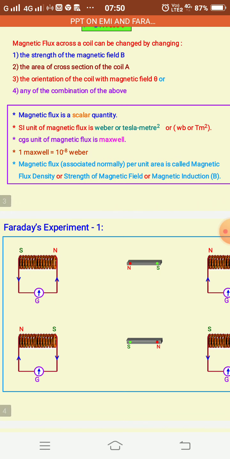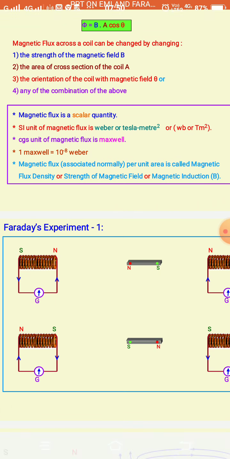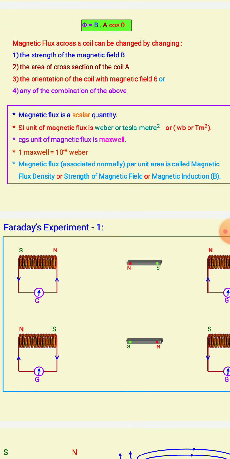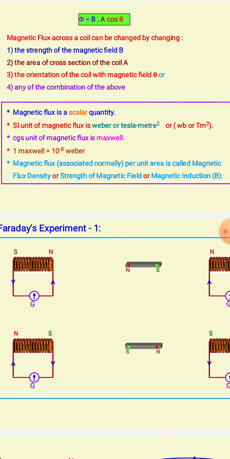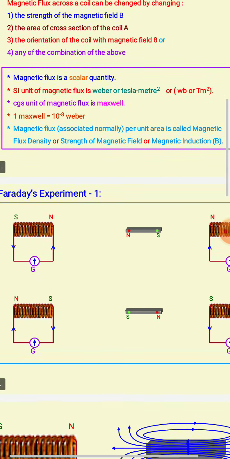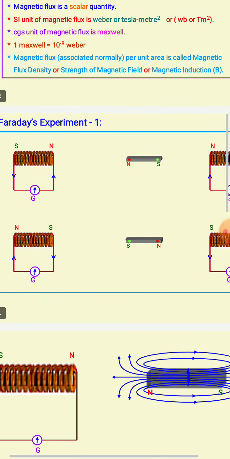Magnetic flux is a scalar quantity. The SI unit of magnetic flux is the Weber or Tesla meter square. The CGS unit is the Maxwell. 1 Maxwell is equal to 10 to the power minus 8 Weber. And the magnetic flux per unit area is known as magnetic flux density.